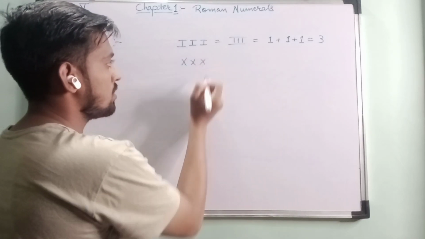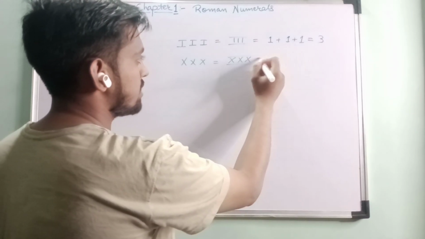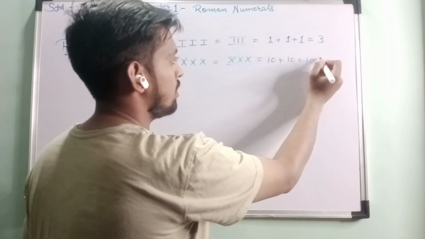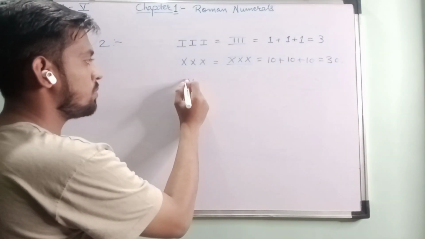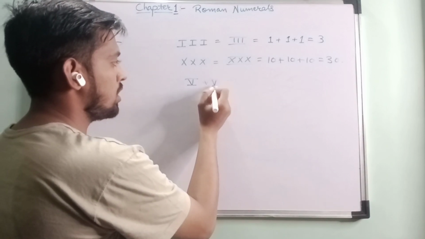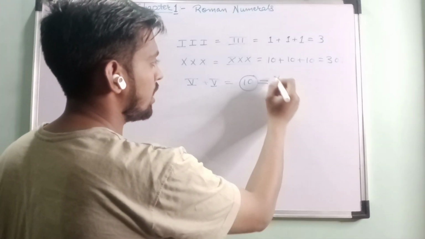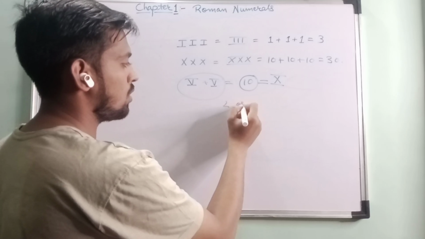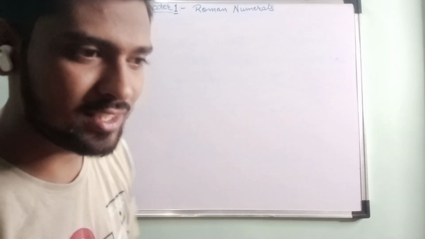You can write X 3 times, X, X and X, which equals 10 plus 10 plus 10, that is 30. But V cannot be repeated many times, because V plus V equals 10, but 10 is already given for X. That's why you cannot write V consecutively 2 or 3 times. Simple.